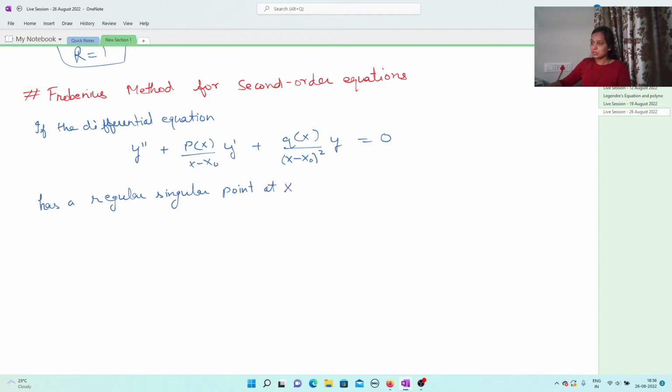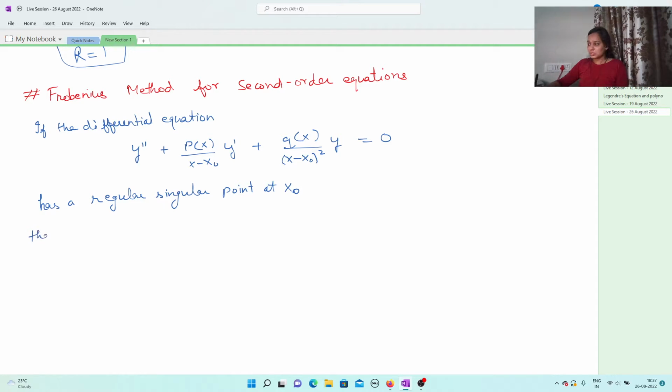Okay, so we have seen the power series expansion for ordinary points. Now the Frobenius method is useful when we have a regular singular point. So let's say that this particular differential equation of second order has a regular singular point at x0.